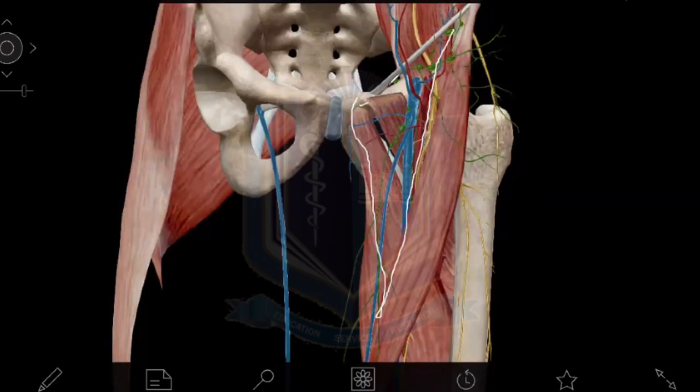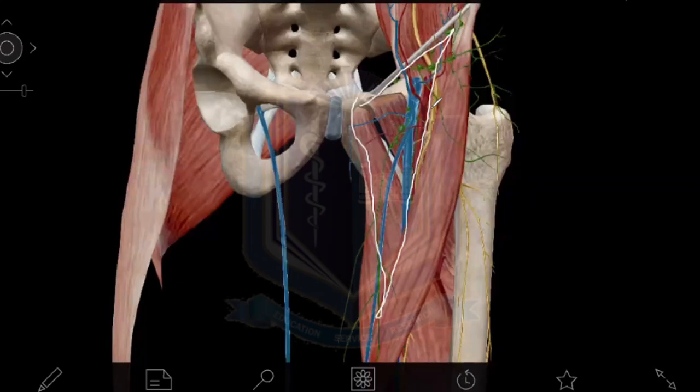And superiorly, the inguinal ligament. These are the three boundaries that are in the horizontal plane: laterally by the medial border of sartorius, medially by the lateral margin of adductor longus, and superiorly by the inguinal ligament.